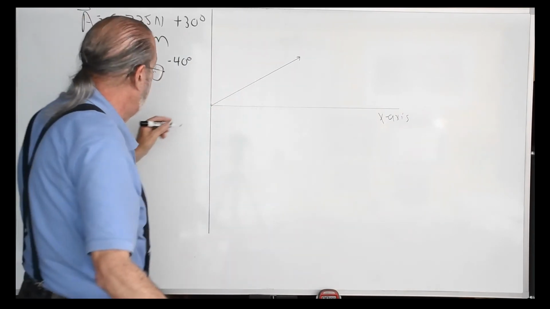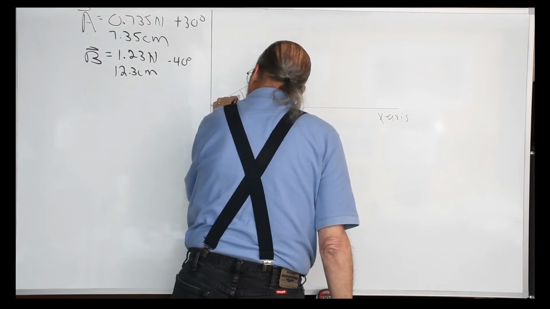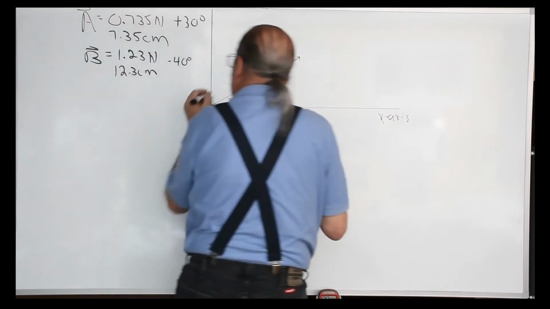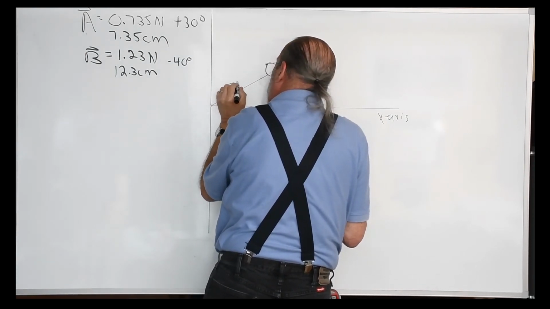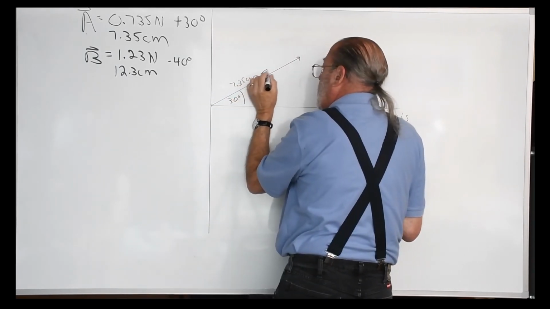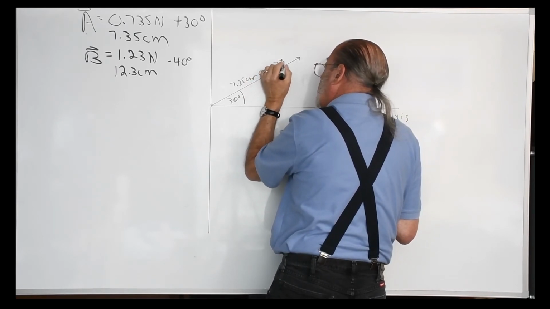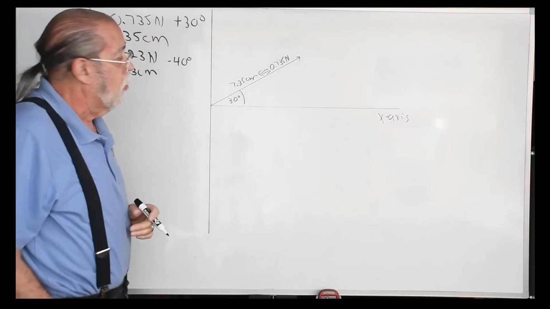We label. I want yours to be just like this. And I want you also to label this: 7.35 centimeters corresponds to 0.735 newtons. There's our first force vector.